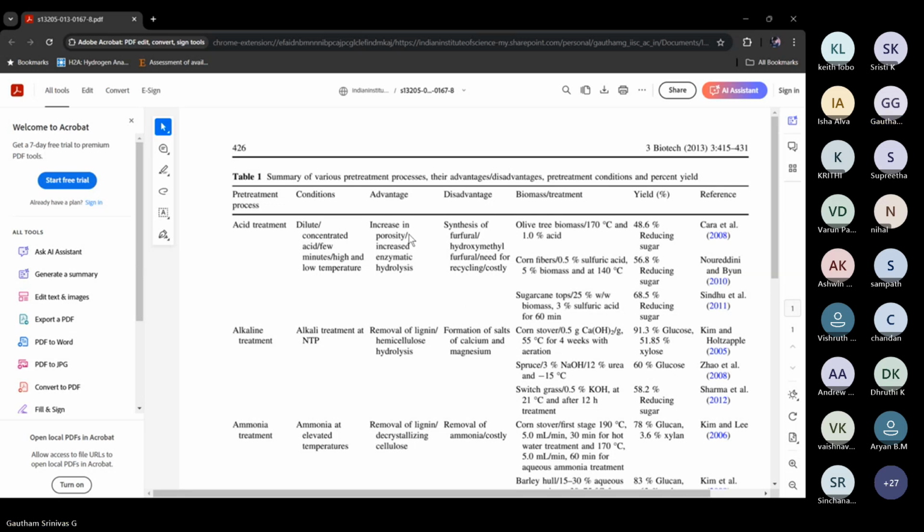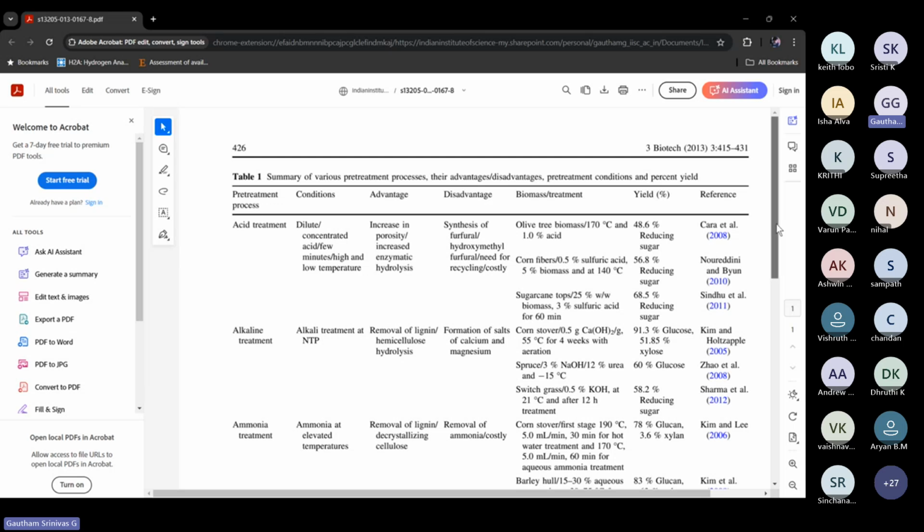Because of the porosity, it leads to increased enzymatic hydrolysis. But the disadvantage is that it generates inhibitors like furfural, and the acid needs to be recycled. It is costly.